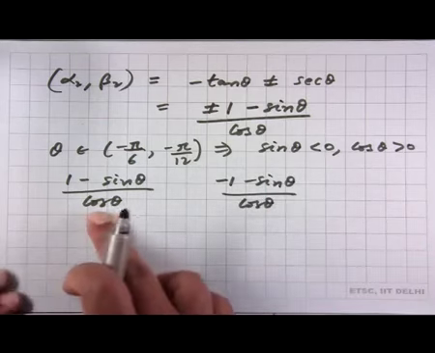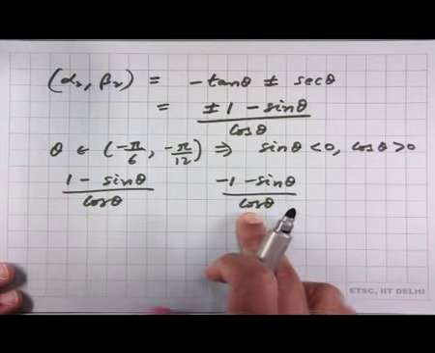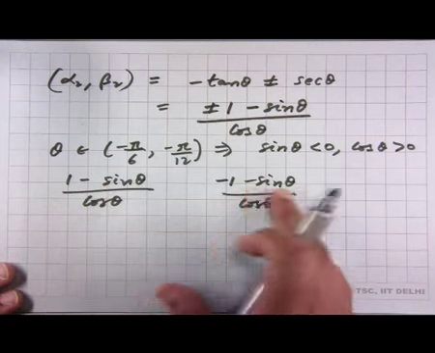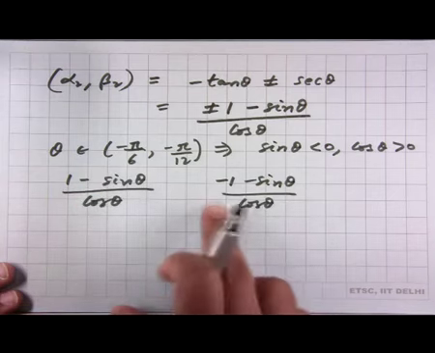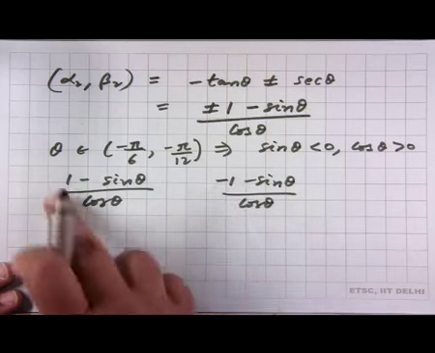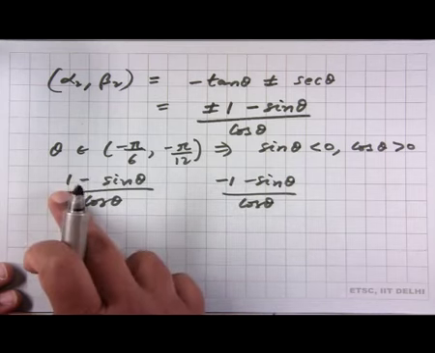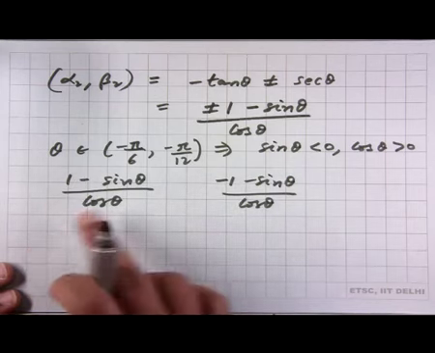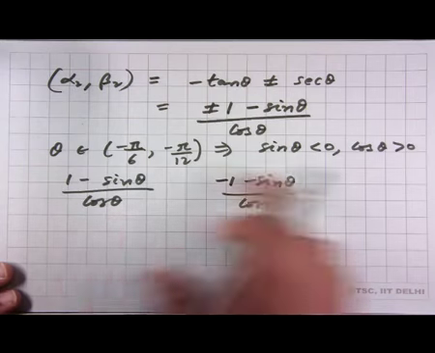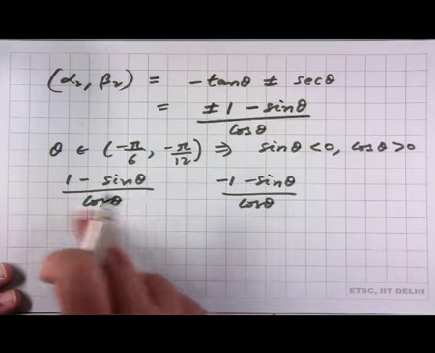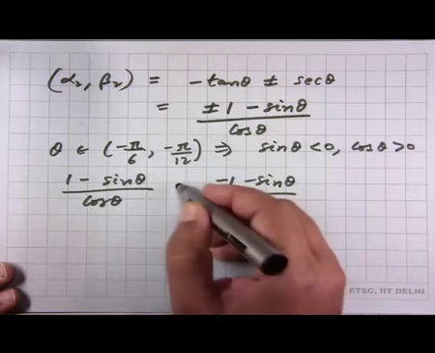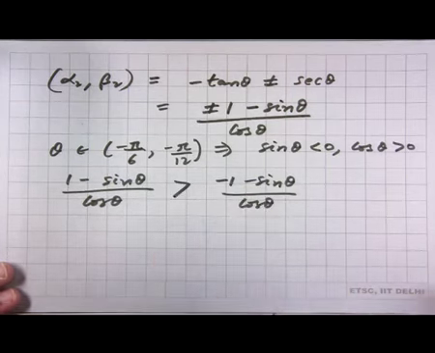We know that cos theta is positive, and we have a minus sin theta for both the roots, but for this root we have a minus 1 here, and we have a plus 1 for the other root, and therefore, it is clear that for theta belonging to this interval, since cos theta is positive, this root is greater than the other root.